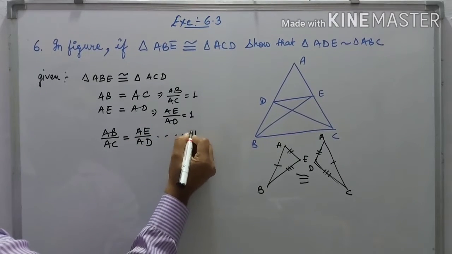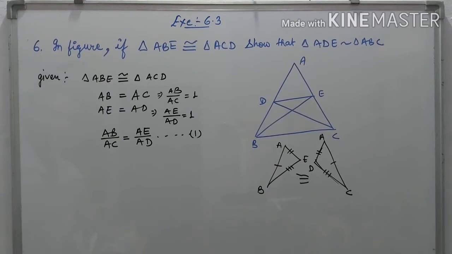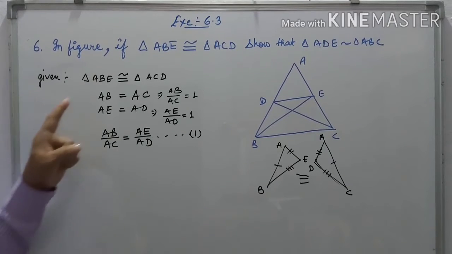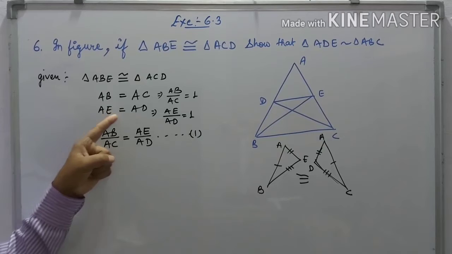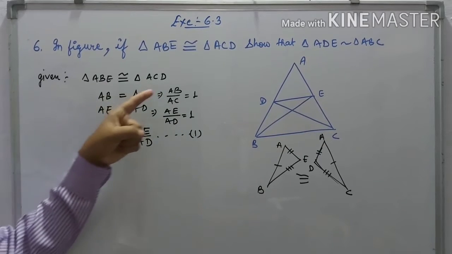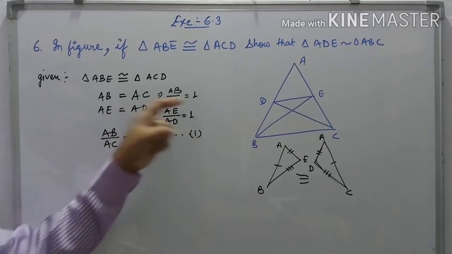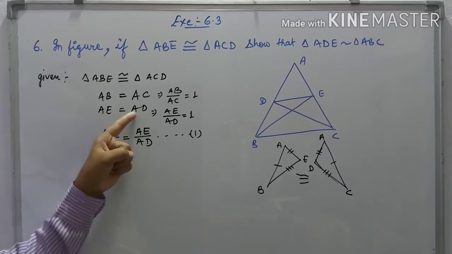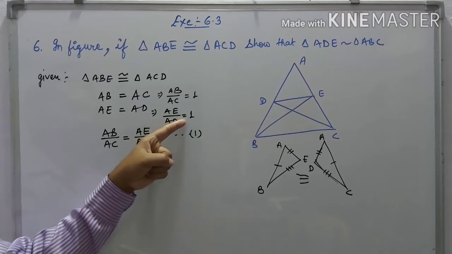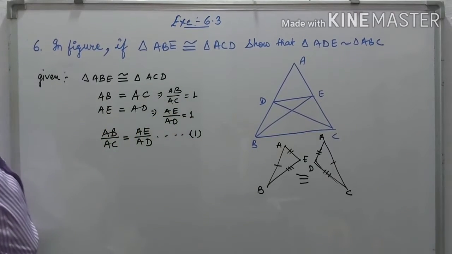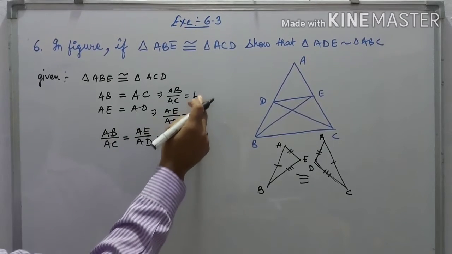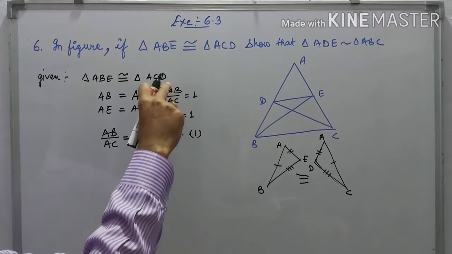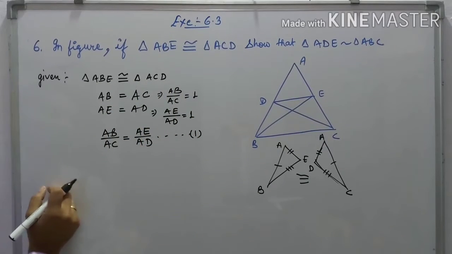This is equation 1. AB is equal to AC and AE is equal to AD, so AB upon AC is equal to 1 and AE upon AD is equal to 1, because they are equal sides, the ratios are equal. Both right hand sides are equal, so the left hand sides are also equal.